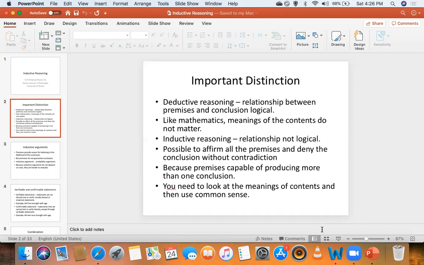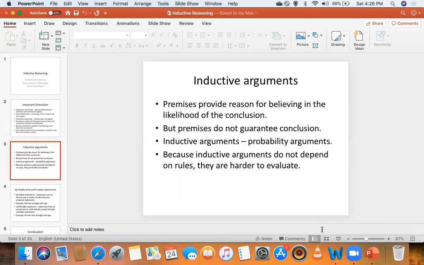And so because of this, the premises are capable of producing more than one conclusion. So for inductive arguments, the premises provide you reason for believing in the likelihood of the conclusion, but the premises do not guarantee the conclusion. So for this reason, we say inductive arguments are probability arguments. And because inductive arguments do not depend on rules, they are harder to evaluate.